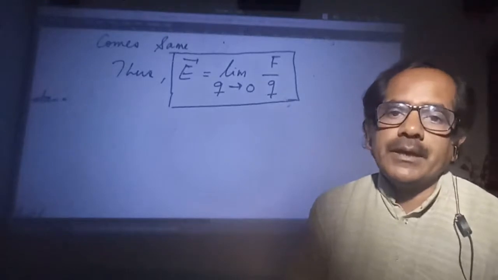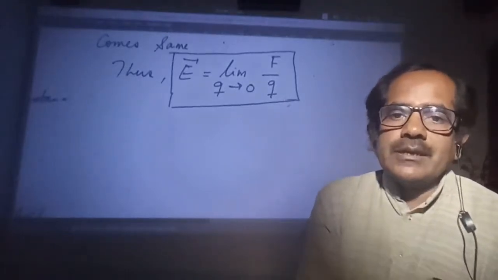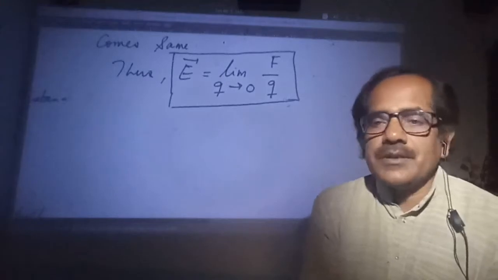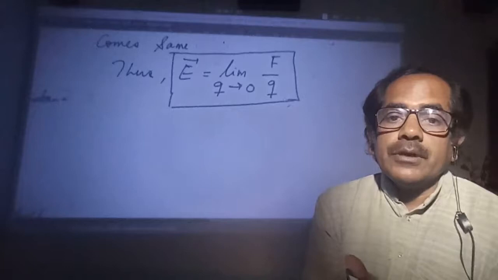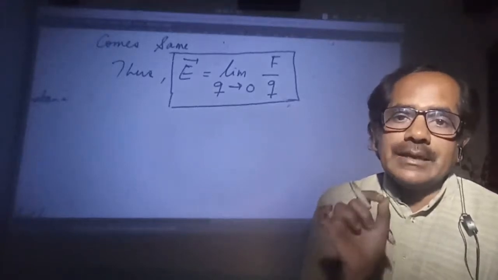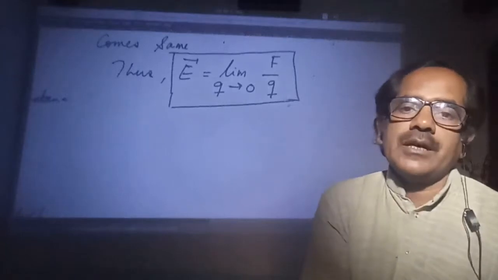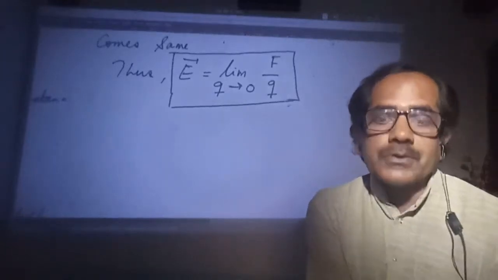Let me repeat again that this quantity field, which is having the unit as Newton per Coulomb, is telling about the characteristics of the charge in applying force around it.